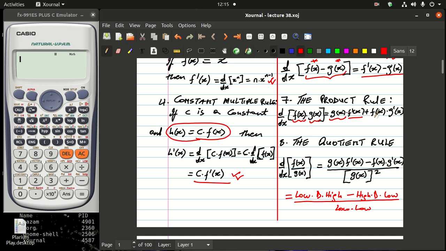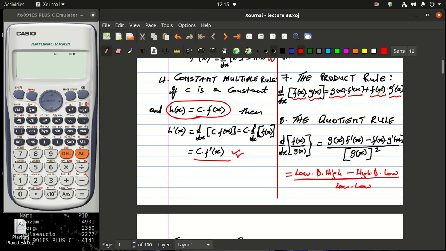Then you add: you keep the first function, and then you take the derivative of the second, and you multiply them. The sum of these two products is going to be the derivative of the product of these two functions.